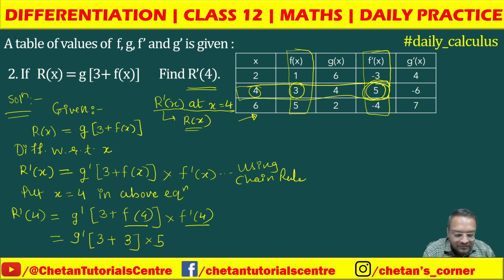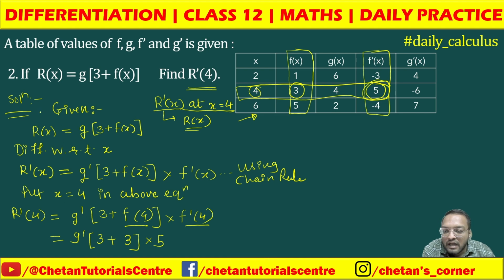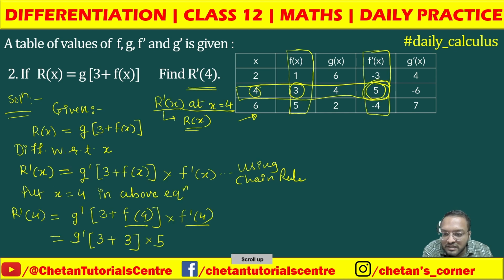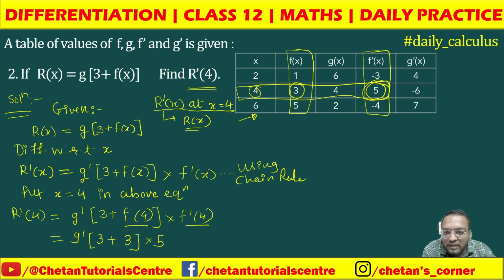Now we will simplify this further. So what we will get? R dash of 4 is equal to g dash of 3 plus 3, which is 6, means g dash of 6, into 5.